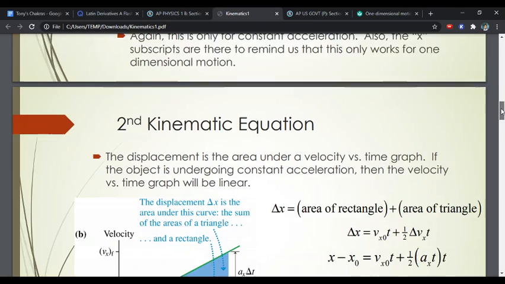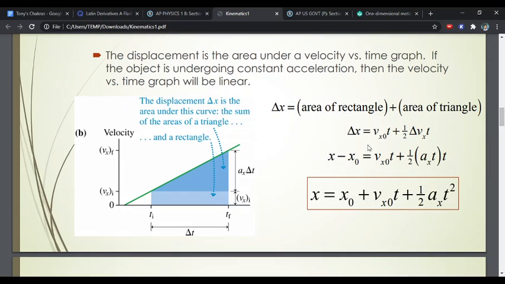Now the second kinematic equation is this. I'm not going to go over what this means, because what this graph is saying is that displacement, which is the area under the curve, boils down to this representation right here, where you have the triangle and the rectangle.